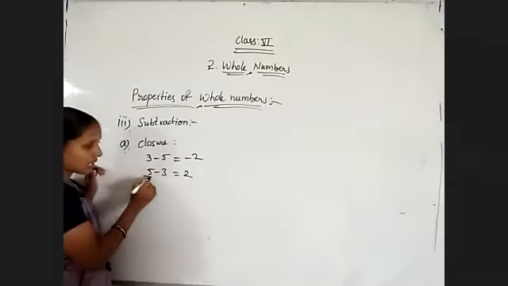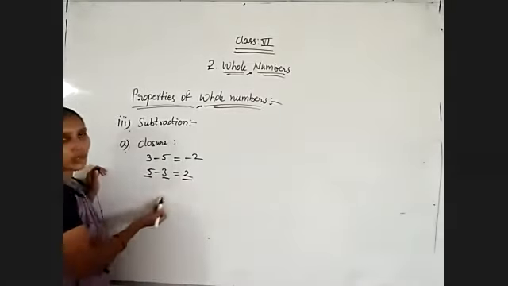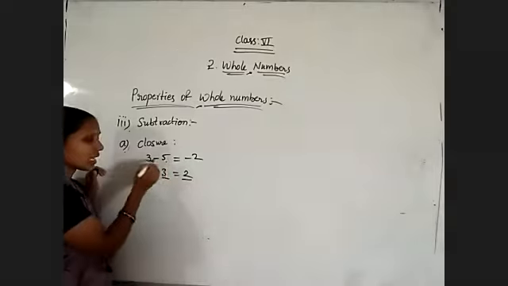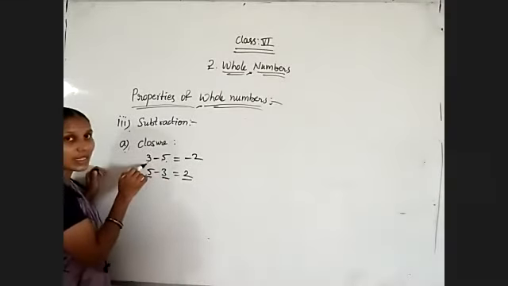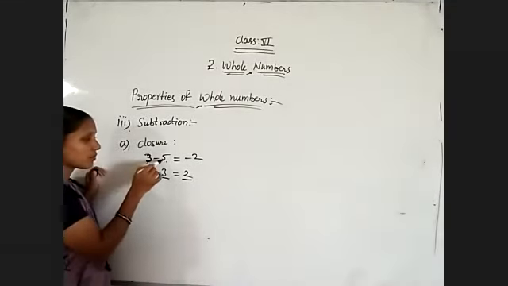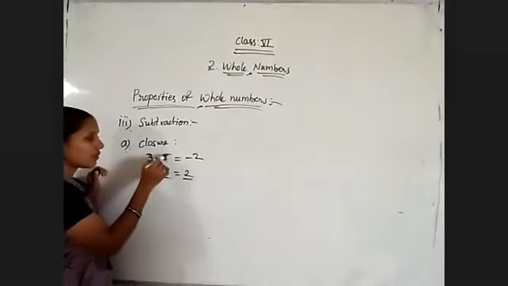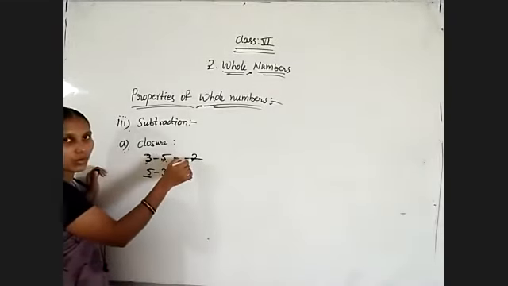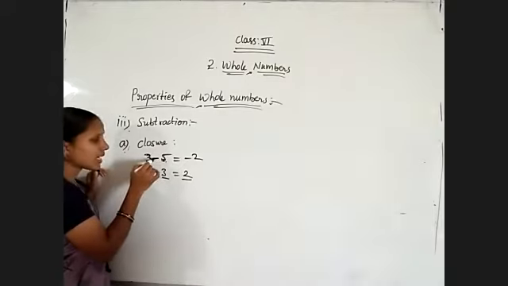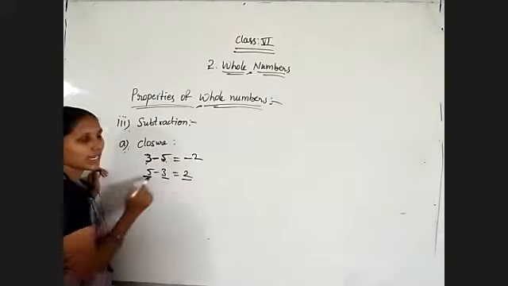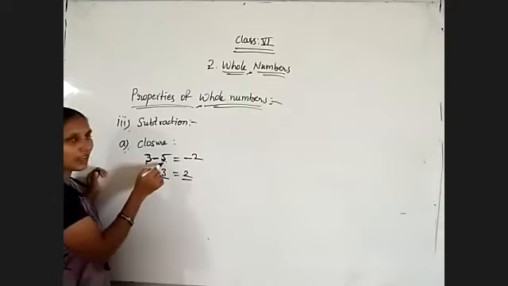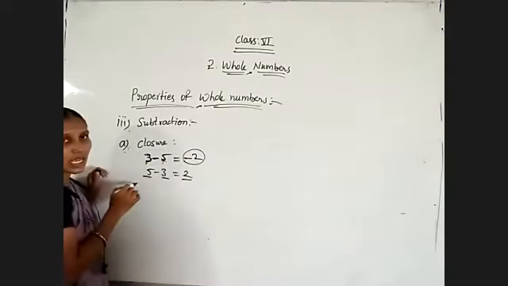So here 5 is a whole number, 3 is a whole number, 2 also is a whole number. But coming to 3 and 5, 5 is bigger than 3. We can't subtract a bigger number from the smaller number. So here 5 minus 3 is 2. Okay. But in 3 minus 5, we got a negative value. That's why minus 2 we got. See, 3 and 5 are whole numbers. But is minus 2 a whole number?